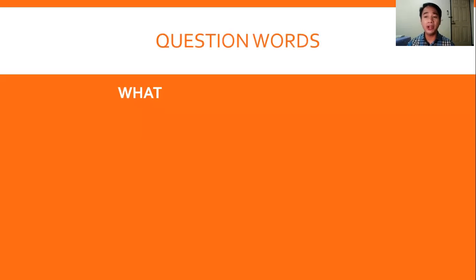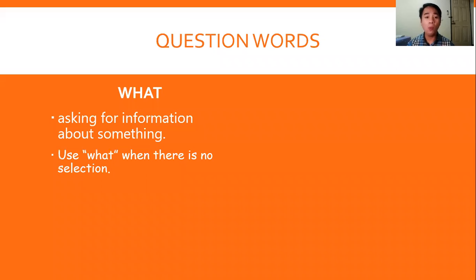Let's start with the word what. What is asking for information about something. We use what to ask for information or details about something. Use what when there is no selection.